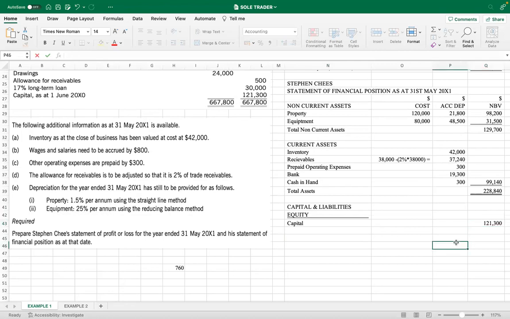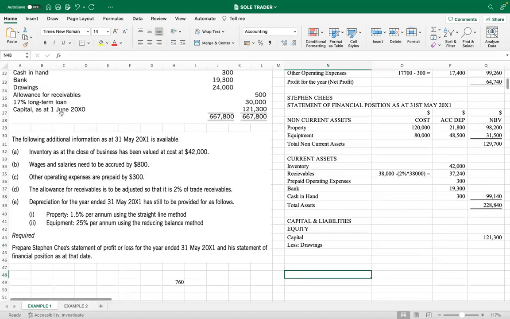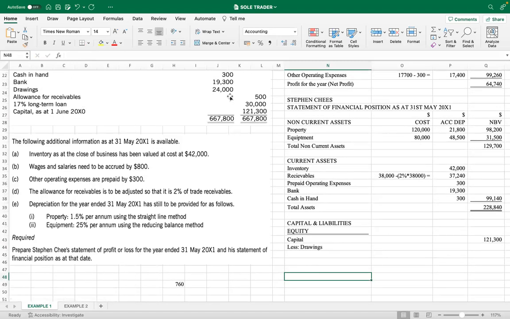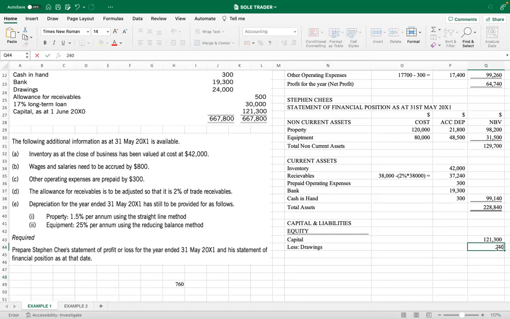And then remember, in a sole trader, we said the owner can reduce the capital by having drawings. So this is allowed in a sole trader. The drawings were 24,000. It reduces the amount of capital. And then for the profit, retained earnings.